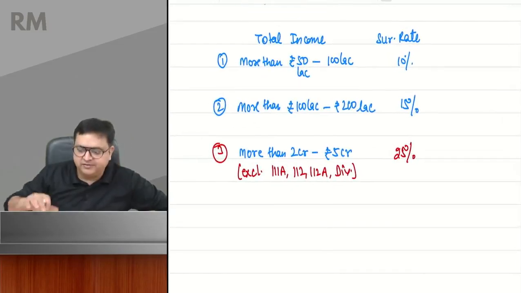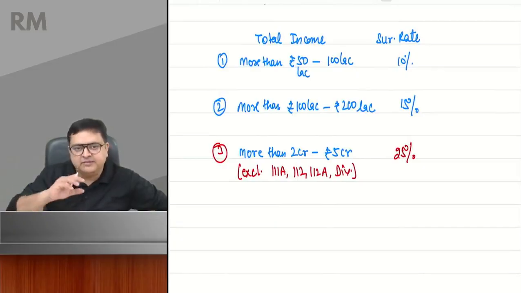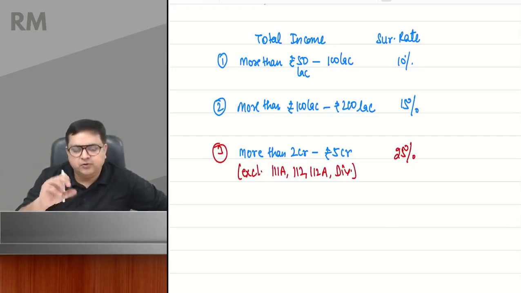And obviously on these 111A, 112, 112A, dividend, it is maximum 15%. Those two notes are same over here also.